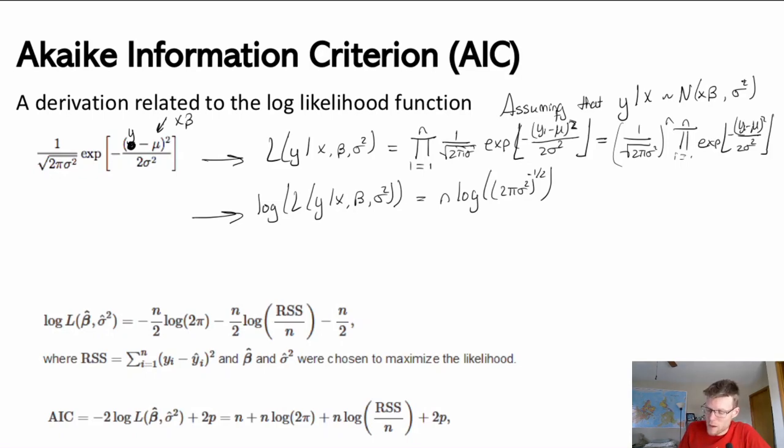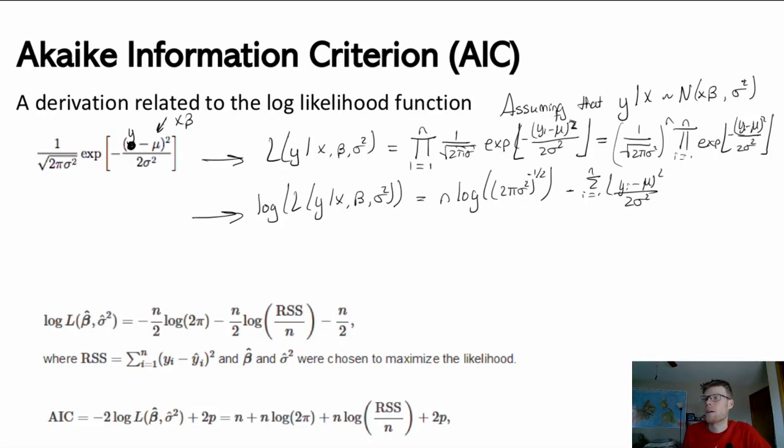And then the log of e is just going to cancel out, so then it's minus the sum of (y sub i minus mu sub i) squared over 2 sigma squared. So the log and the e term cancel each other out.